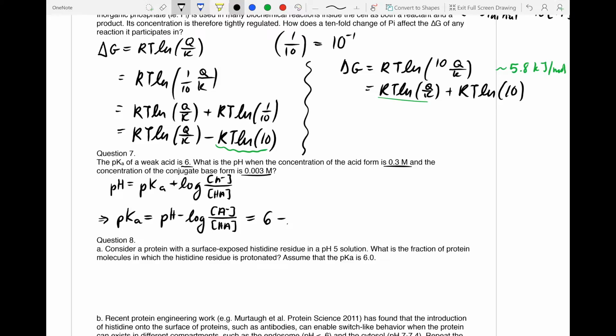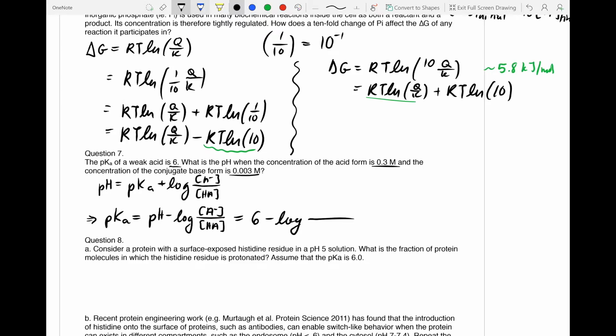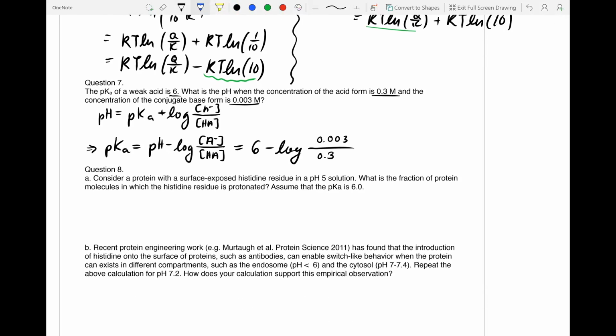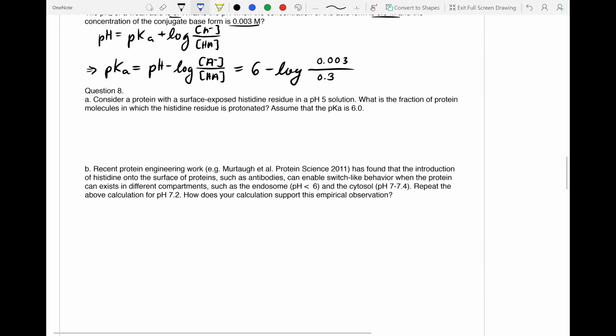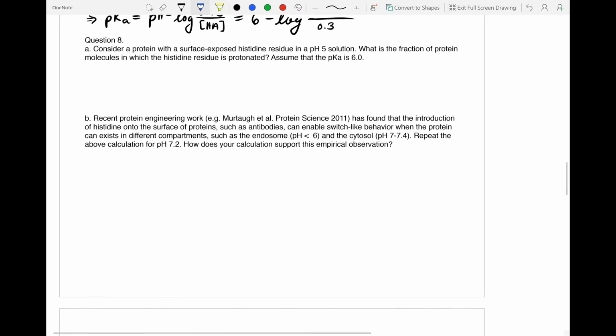So 6 minus the log of the acid form is going to be, let's see, so this is going to be the base and then the acid, and 0.3. Okay, and then you solve for that and you should get a dimensionless pK value.